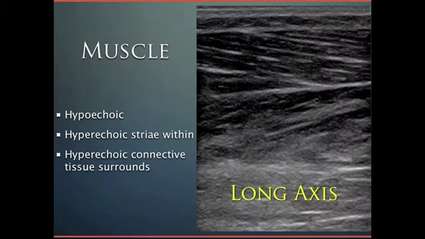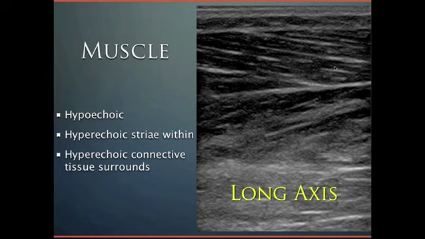Now, muscle is hypoechoic, and we can see within the muscle itself hyperechoic striae, as we can see here, in the long axis of the muscle. So when we line up that linear probe in the long axis of the muscle, we can see these hyperechoic striae going across, and in between the different muscle bundles, we can see hyperechoic connective tissue surrounding them.